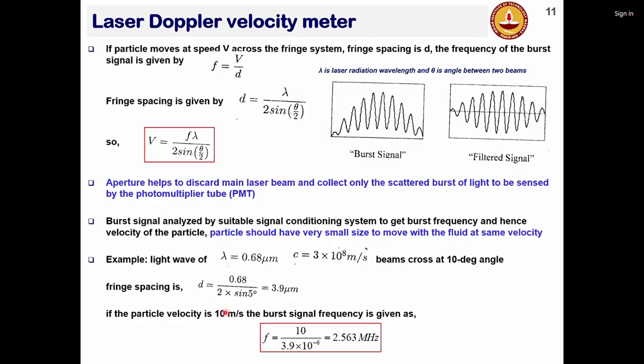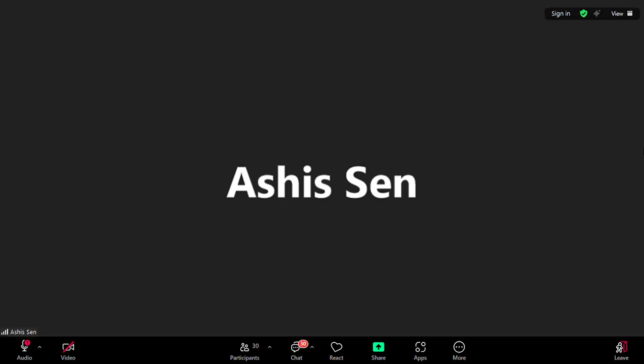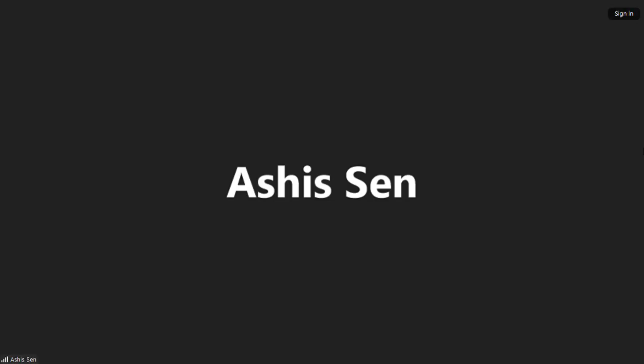But in a practical measurement system, this is what you would measure using the signal coming from the detector using a control system, and the velocity is something that you would predict. So let me stop here, and if you have any questions, we can discuss.